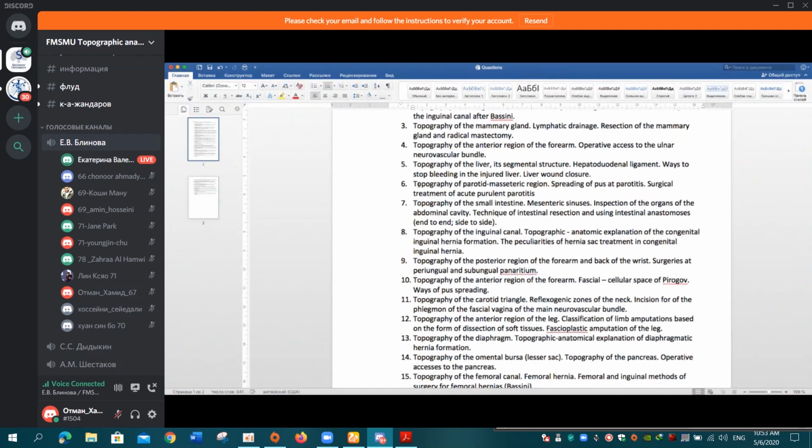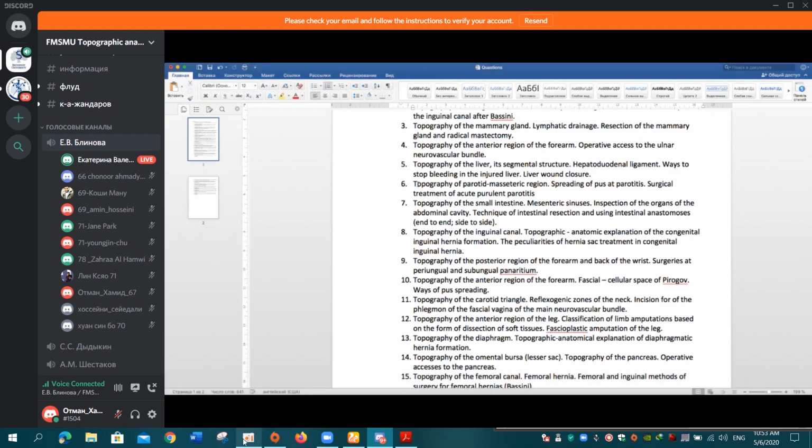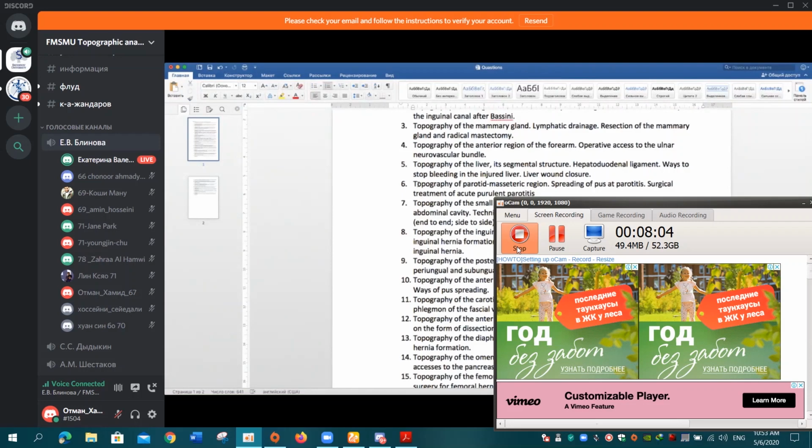The region contains the parotid gland, a great salivary gland which produces saliva. It has its own duct, which opens inside the oral cavity opposite the second upper molar.